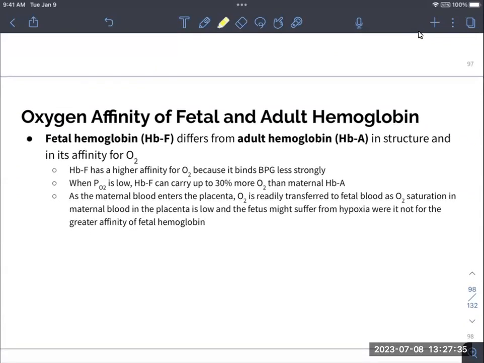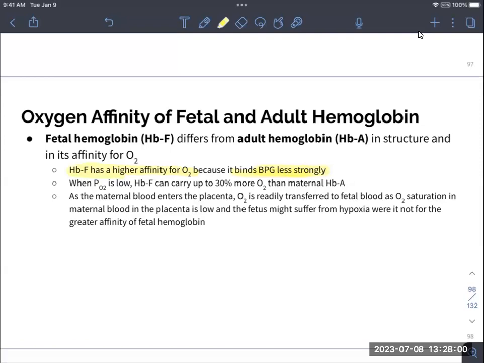Fetal hemoglobin versus an adult, they differ. Fetal hemoglobin actually has a higher affinity for oxygen, so it's going to bind to oxygen a lot stronger. It doesn't bind those bisphosphoglycerates as well.